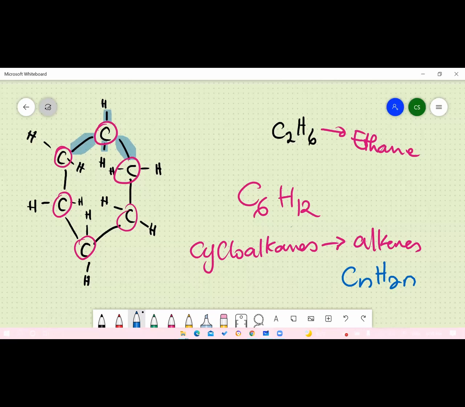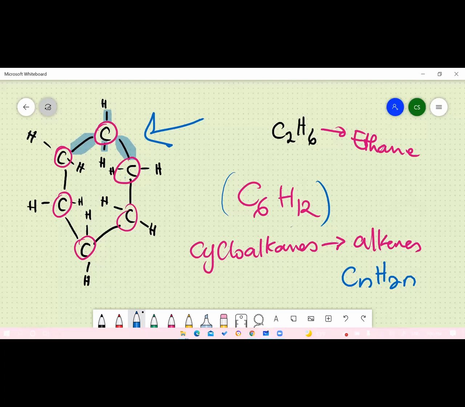So the molecular formula for cyclohexane is C6H12 because it has 6 carbons and 12 hydrogens, right? Following you so far. Great. So cycloalkanes, like cyclohexane here, are ringed alkanes.